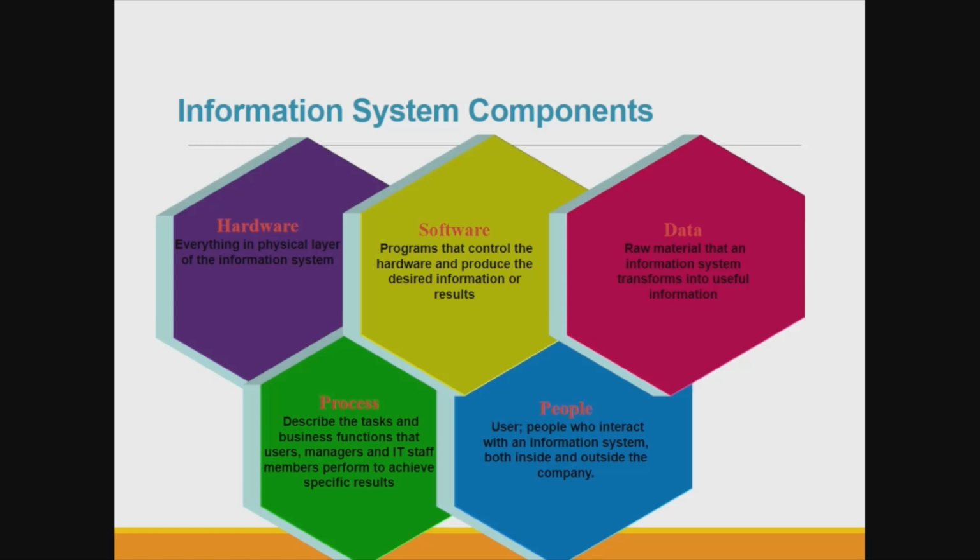And then the next part is data. Data refers to the raw material that an information system transforms into useful information. So that means we have the data. From the data, we can use manipulation in order to transform it into useful information. What kind of data?